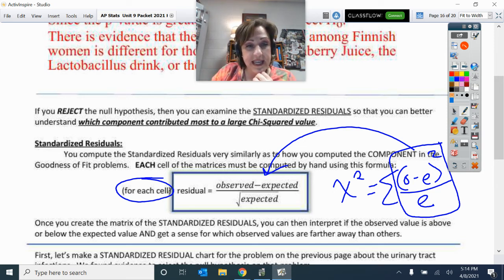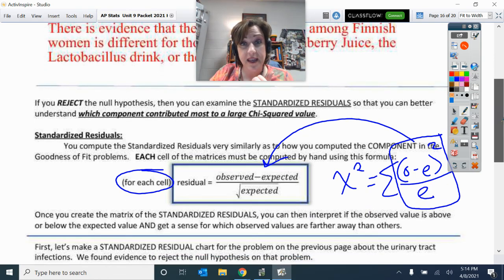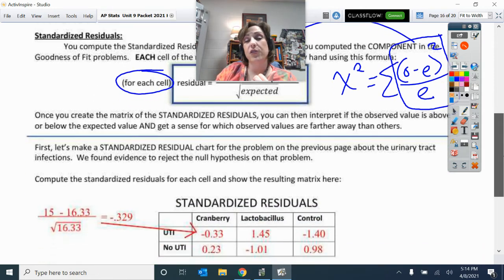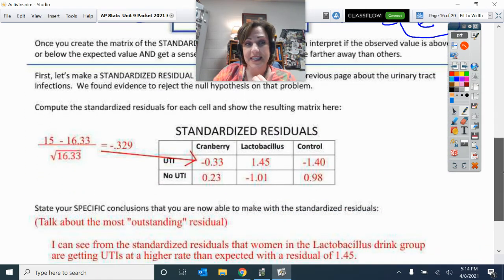Once you have created the standardized residuals, you can interpret whether they are above or below the expected value, and get a sense for which values were farther away from expected than the others. So let's do this for our lactobacillus data.